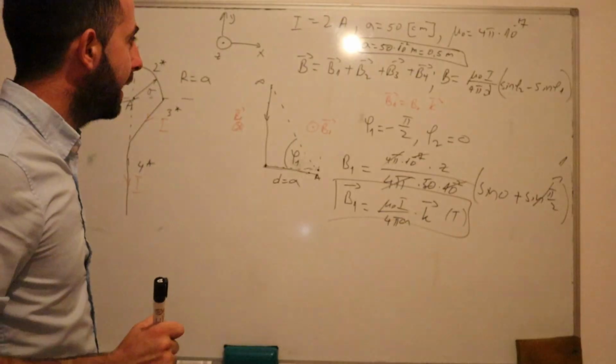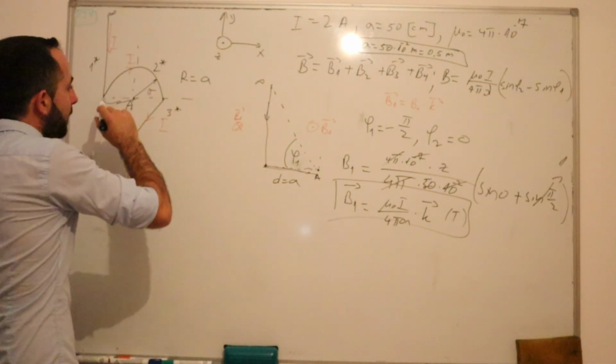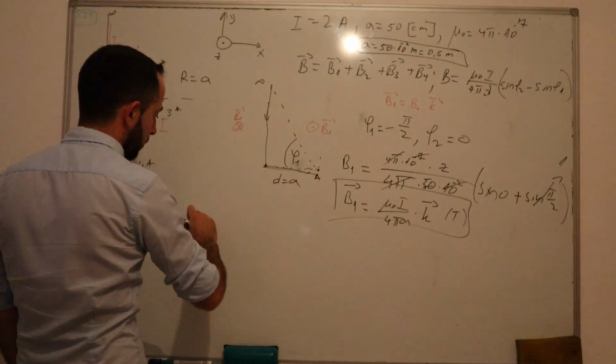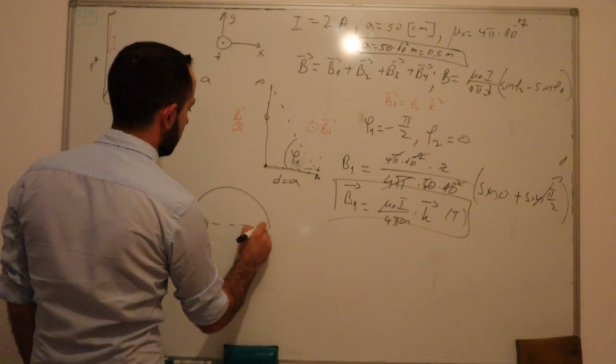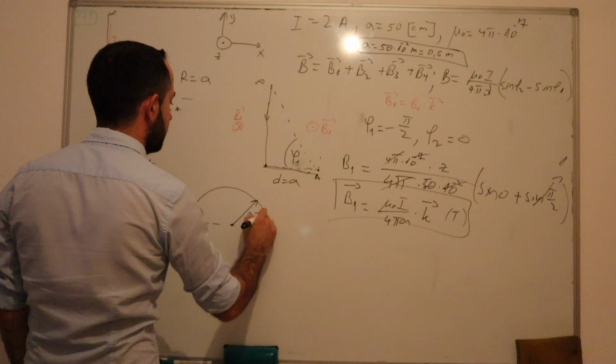Okay, the next case is to determine the magnetic field of this part. So we will draw it. It is a half circle once again. It has radius A, so this is the radius.